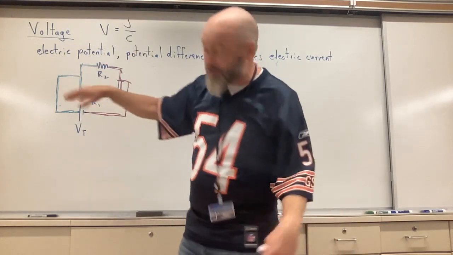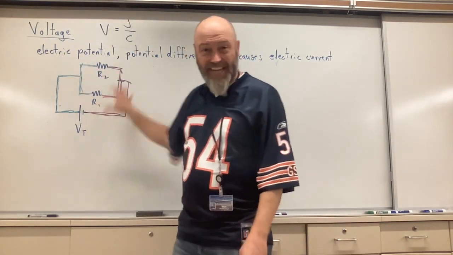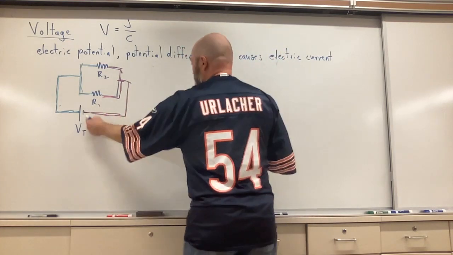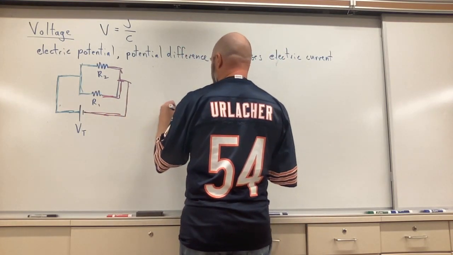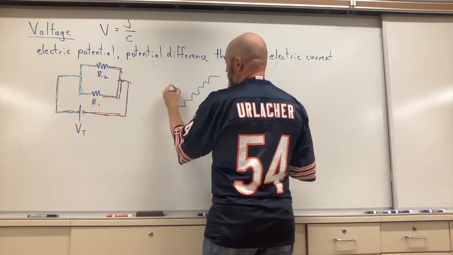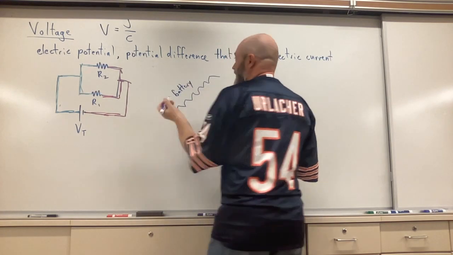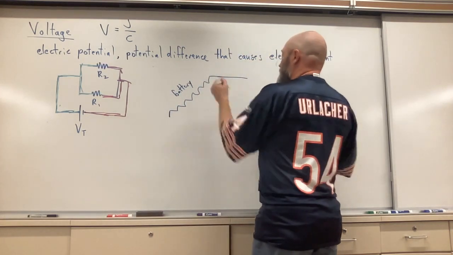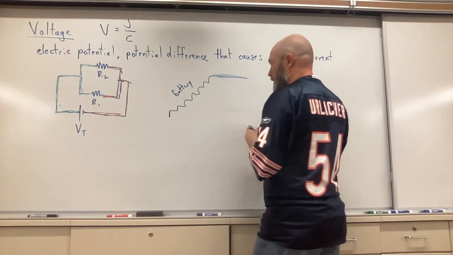This is called a parallel circuit. But you can see that if I was to use my step analogy with this one, here's my battery. So I go up. There's my battery, and then I have my high potential, so here's my green one.